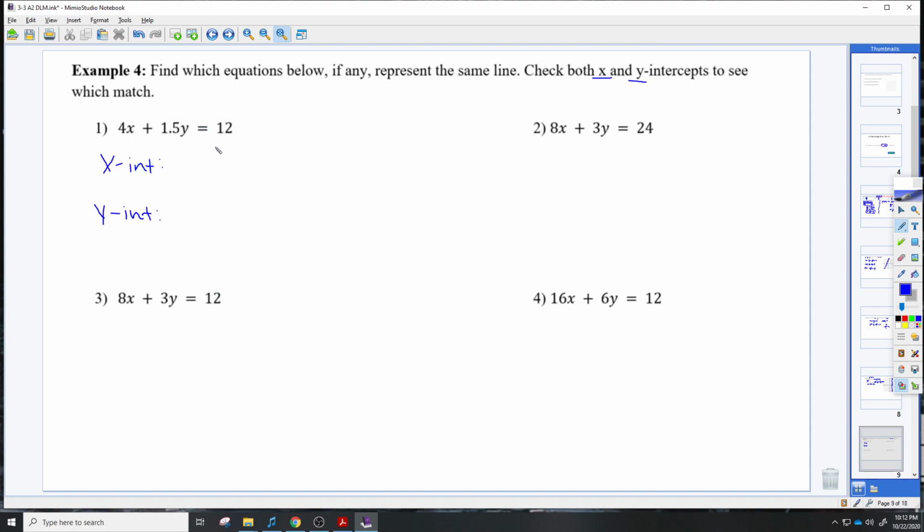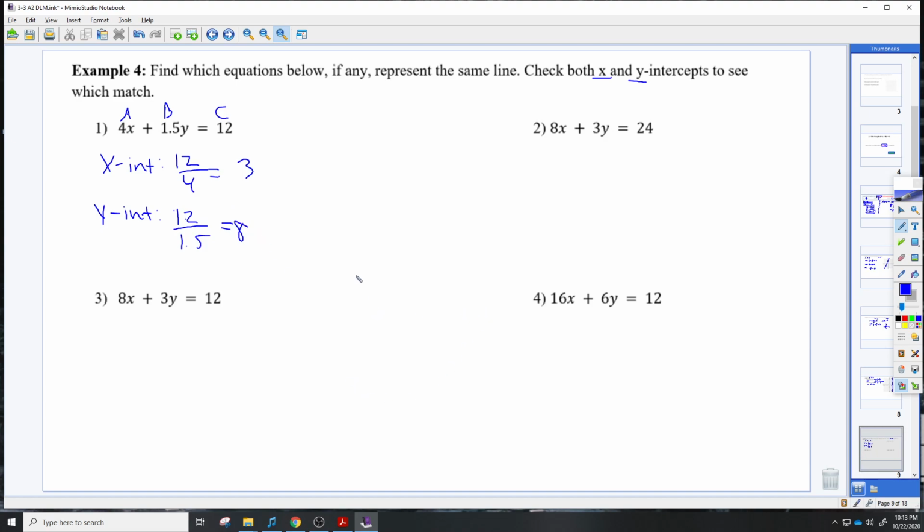The x-intercept is going to be c over a, remember you can label these. It's going to be 12 over 4, which is 3. Y-intercept is c over b, which is 12 over 1.5. So you can actually divide them. It ends up being 8.